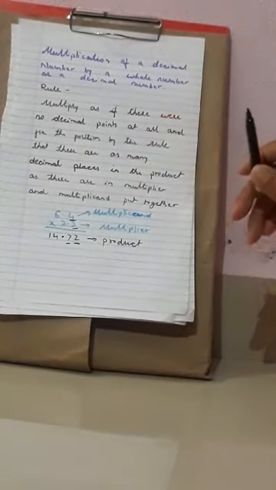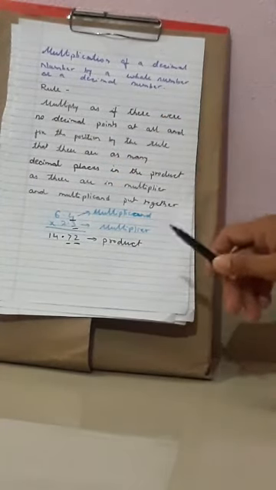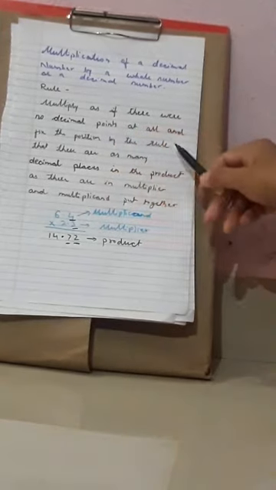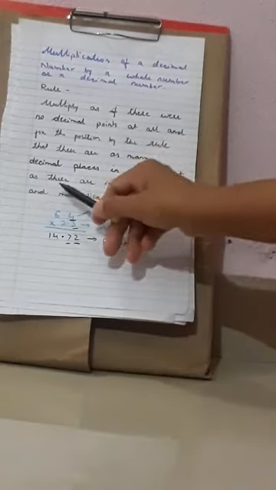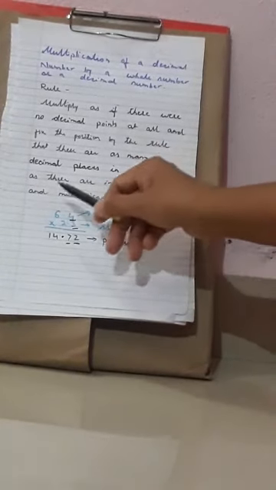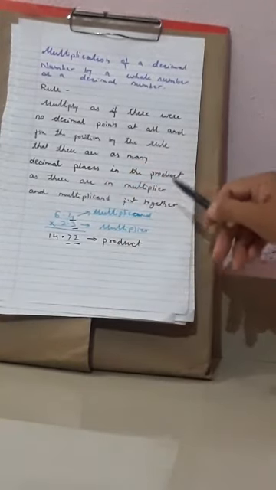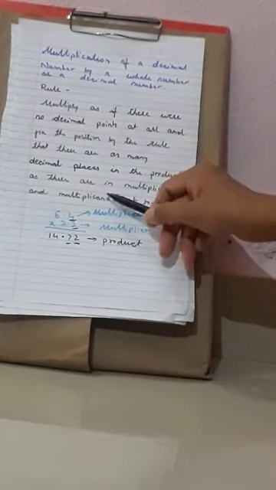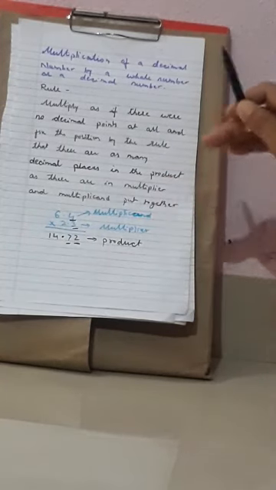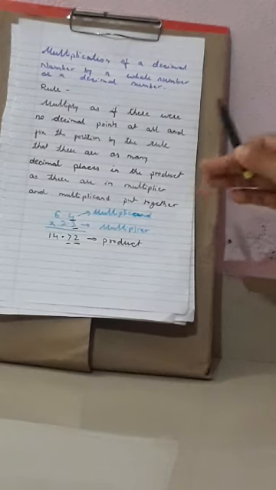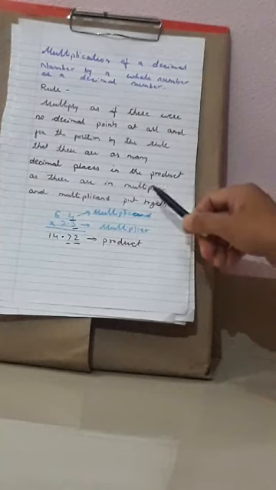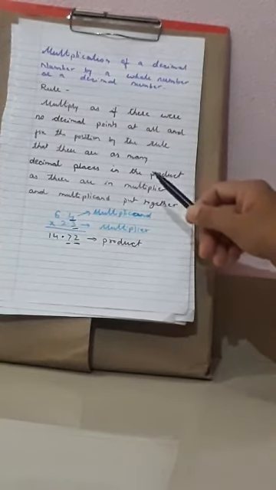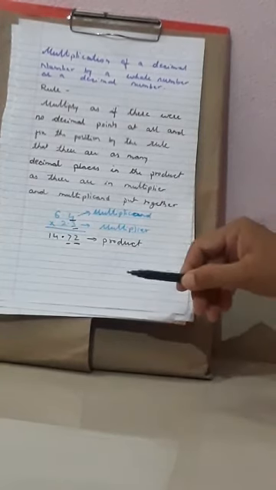Multiply as if there were no decimal point, and fix the position by the rule that there are as many decimal places in the product as there are in the multiplier and multiplicand put together. So in the multiplier and multiplicand, count how many digits are there after the decimal point, put them together, and then put that many in the product. So let's learn about that.